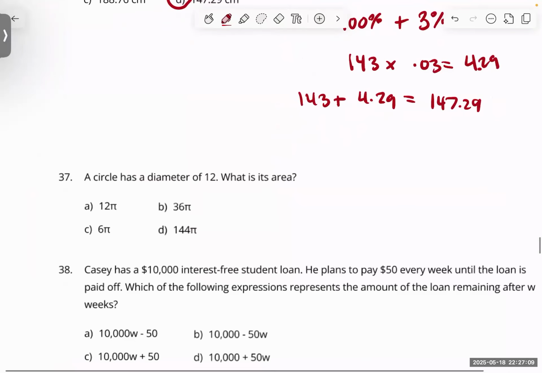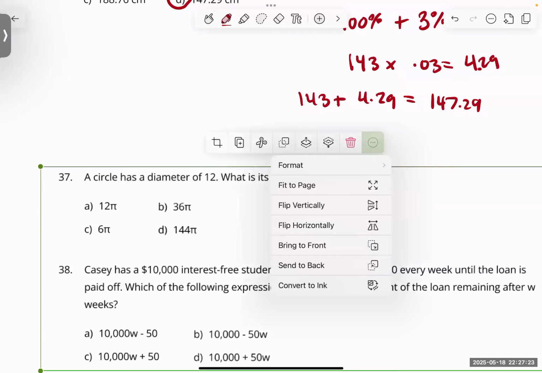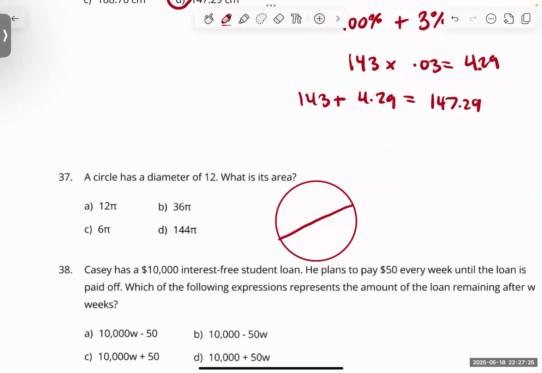Okay. A circle has a diameter of 12. It doesn't specify units. Oh, well. What is its area? So we have a circle. Diameter is essentially double the radius.